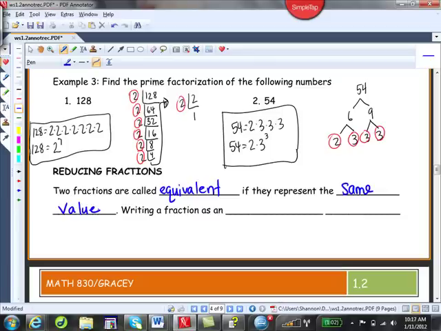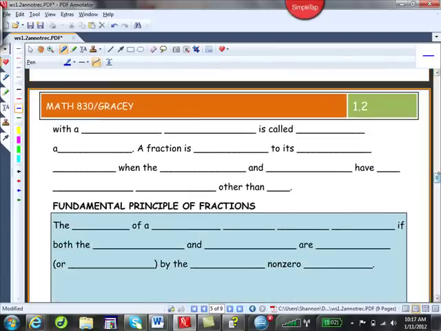Writing a fraction as an equivalent fraction with a smaller denominator is called reducing a fraction.